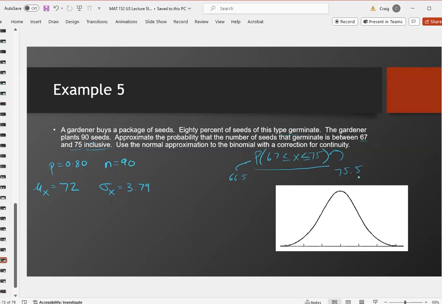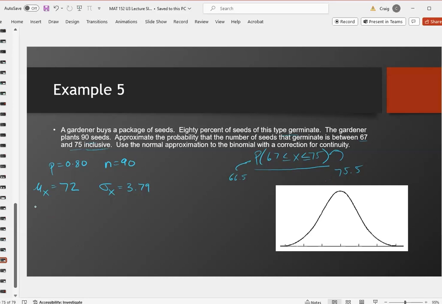Anything above 75.5 is going to be considered 76. Anything less than 66.5 is considered 66. And so these are the two values we'll use to calculate our range, and then from there we can calculate the values at the end.